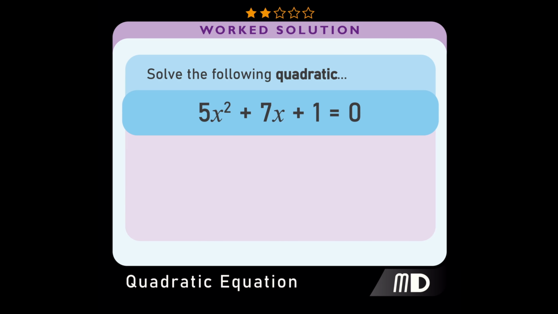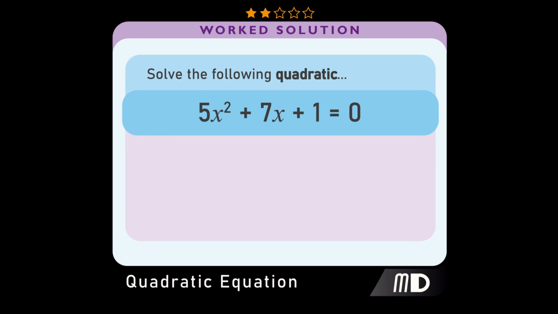A quadratic equation is an equation in the form ax squared plus bx plus c, where a, b and c are integer coefficients and x is a variable. To solve a quadratic equation, we need to find values of x that satisfy the equation.